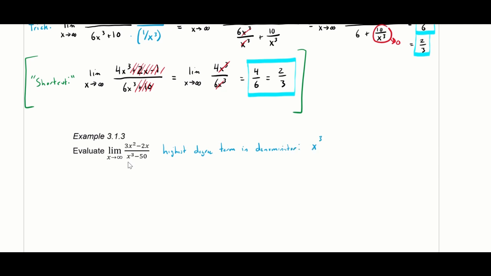And so just like we did above, if I want to calculate this limit, the limit as x goes to infinity, I'm going to divide each component, each piece, by x cubed. So 3x squared divided by x cubed minus 2x divided by x cubed, all over x cubed divided by x cubed minus 50 over x cubed.